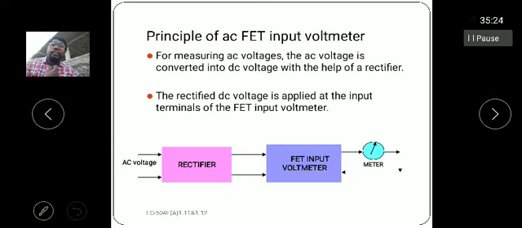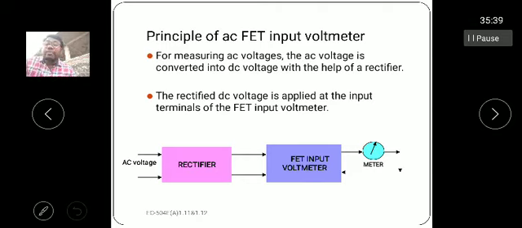Generally, the main advantages of the FET input voltmeter are high accuracy and high sensitivity, because here I am using the FET as well as the transistor, the emitter follower.